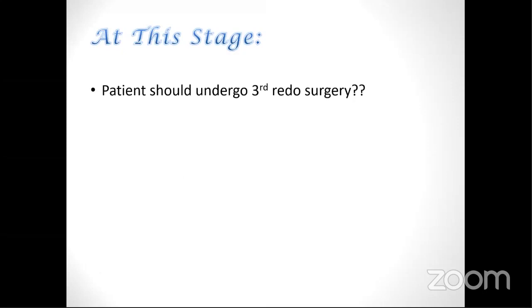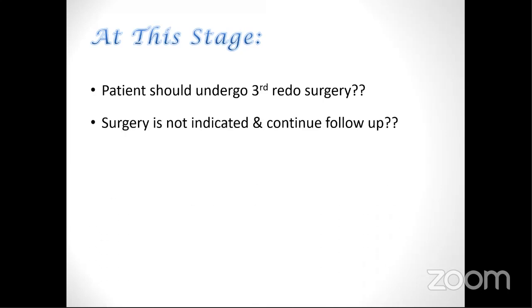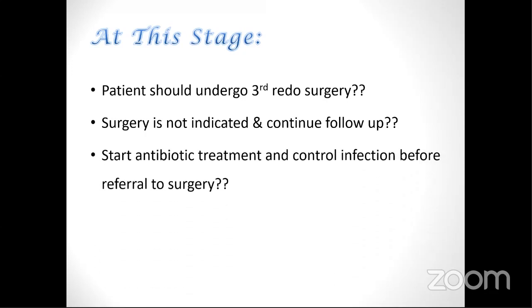Now, at this stage, should we consider the second redo? Surgery is still not indicated because there is no clinical manifestation of heart failure or infection, and we should continue his follow-up. Should we start antibiotic treatment to control infection before referral to surgery, if we are considering surgery?